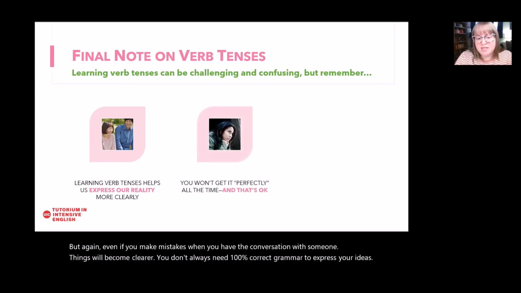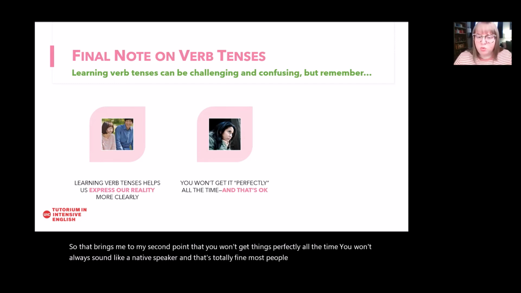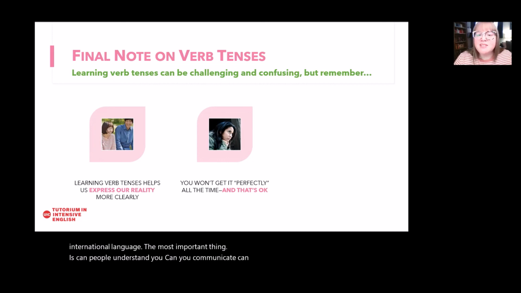So that brings me to my second point, that you won't get things perfectly all the time. You won't always sound like a native speaker, and that's totally fine. Most people who speak English in the world are non-native speakers. There are a variety of ways of speaking English, and English is an international language. The most important thing is, can people understand you? Can you communicate? Can you get your idea across?